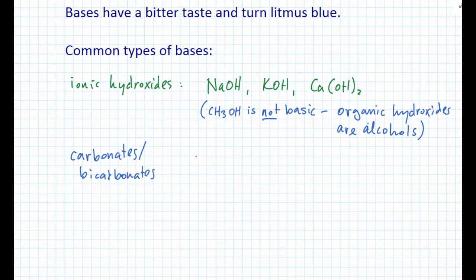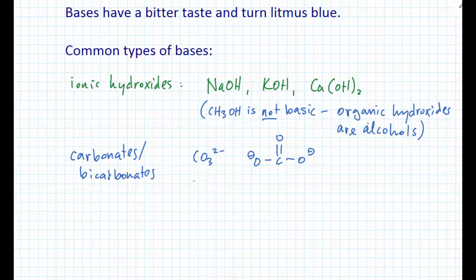Okay. So the carbonate ion looks like that. What is the bicarbonate anion? How is that different?